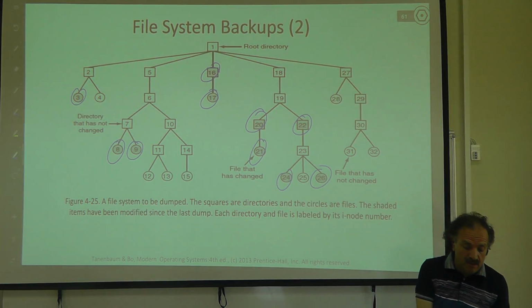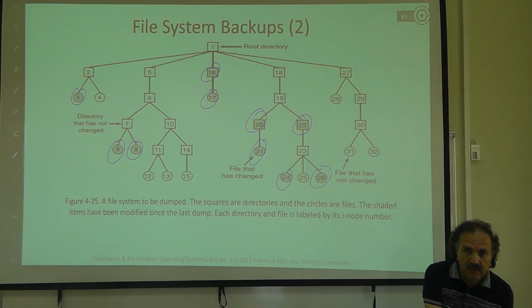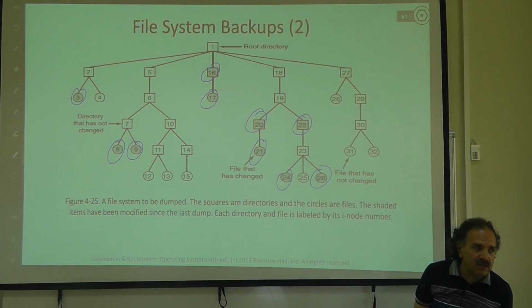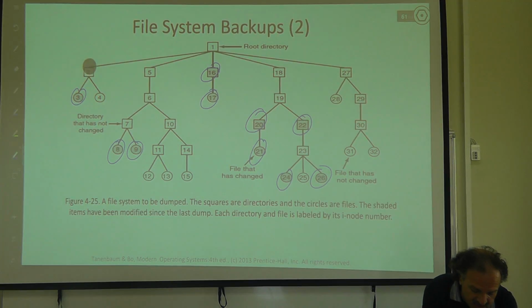Yes, for the directories there is a special reason. For the directories, you either mark the directory because it is modified, or you mark the directory because it contains some files or directories that are modified. So 2 is marked because 3 is modified. 7 is marked because 8 and 9 are modified.